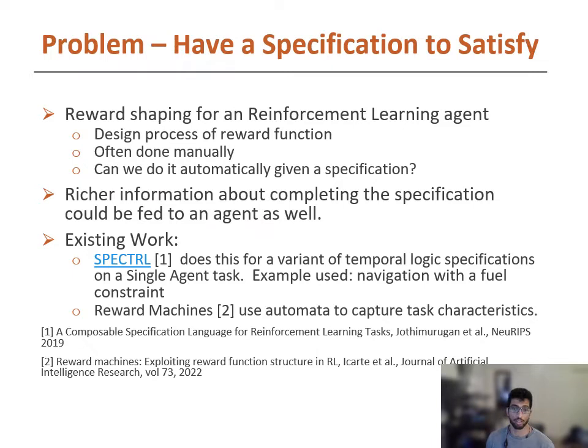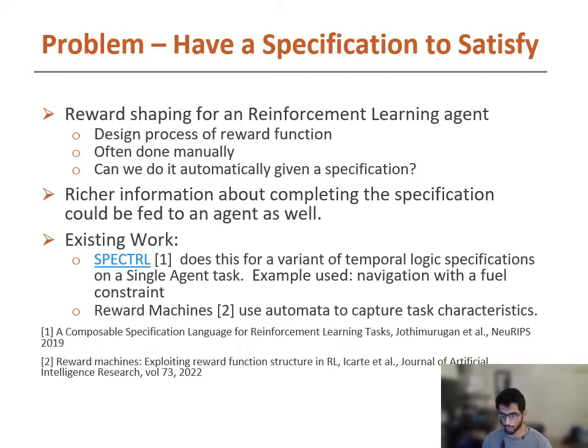This design process is often done manually, but some people want to also do this automatically given a specification on the system. Now, from the specification, we could also feed richer information to the agent about how to complete this specification. And there's been earlier work on this.